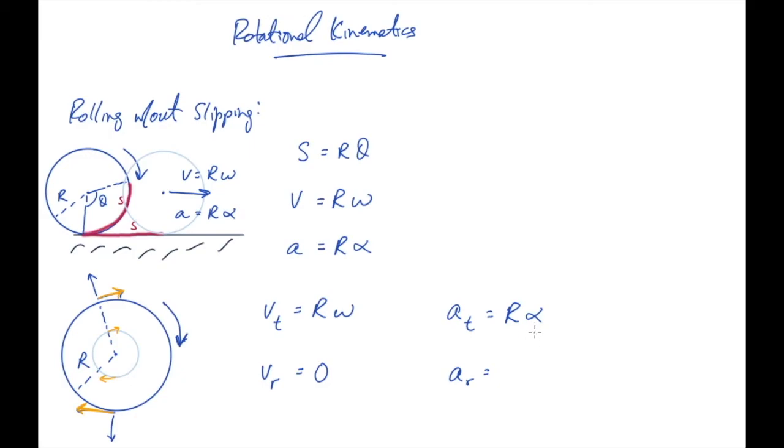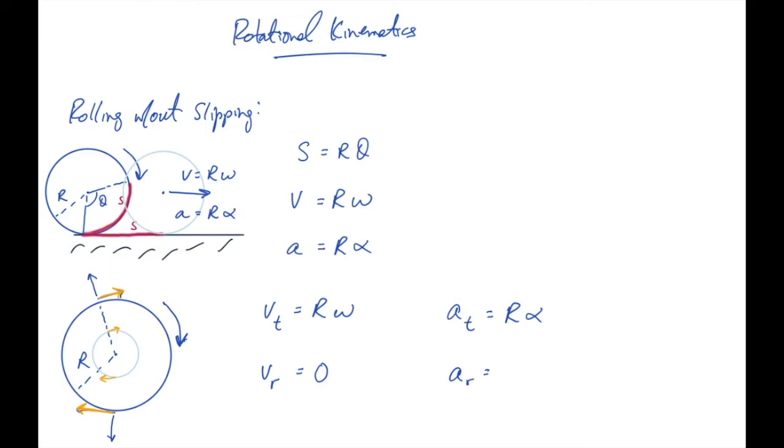If it's rotating faster as time goes by, the tangential acceleration will be such that this orange vector will be getting longer. If this is negative, so that it's rotating more slowly, the tangential acceleration will be negative, and this orange vector would be getting shorter as time goes by.